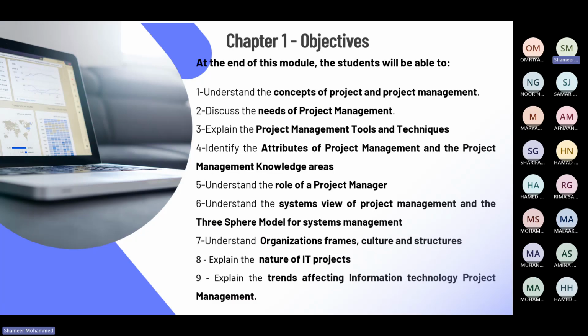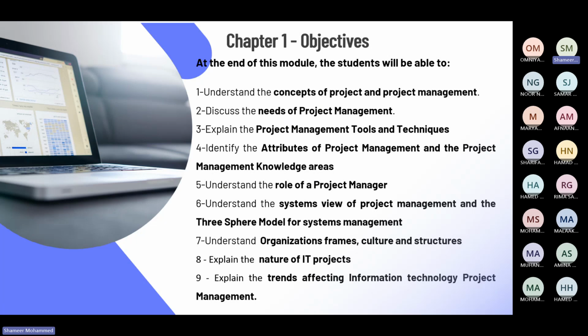What are the characteristics of the project, the areas of managing, and who will manage it? Then, what is the three sphere model? These are important concepts that you will achieve from this lecture.